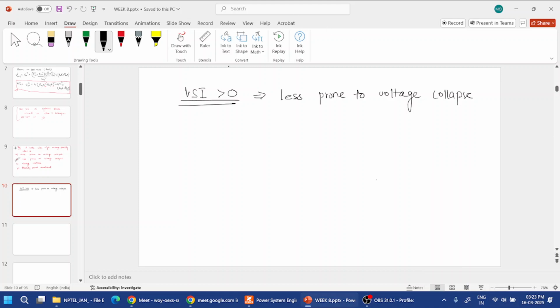Voltage collapse means, I would say the correct word here is that the node is not stable. But the question has been asked about this collapse, so we can relate to that.